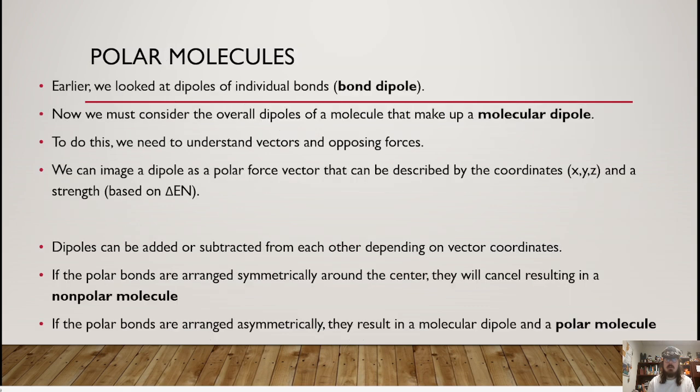Now the last thing I'm going to talk about for this video has to do with polar molecules. So earlier, in the previous video, we looked at the concept of dipoles, the individual polarity of a single bond.